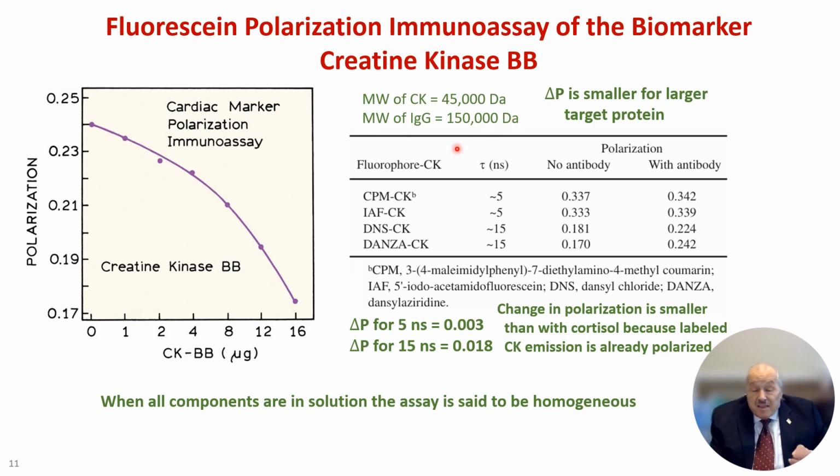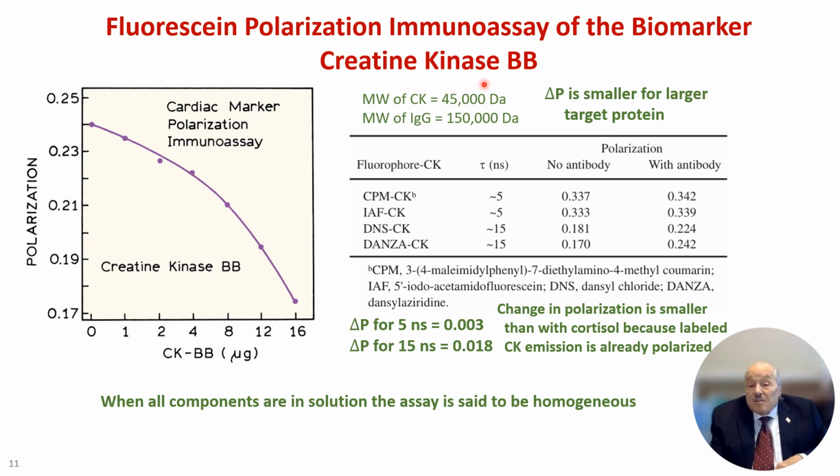You bind it to the antibody. Yes, the polarization goes up, but you see it only goes up by a small amount. So these values here are at least an order of magnitude smaller than those on the previous slide. And that's because of the size of the antigen.